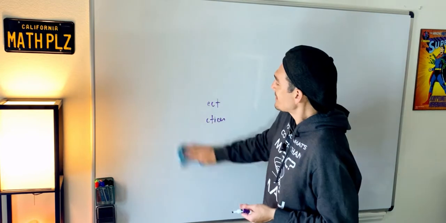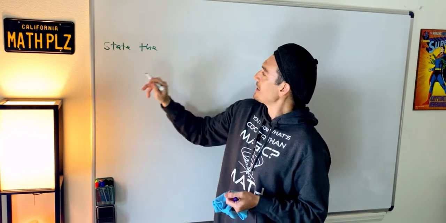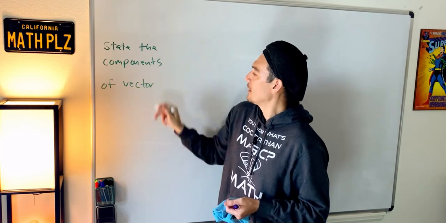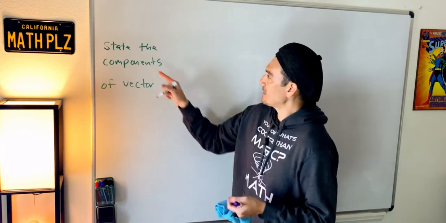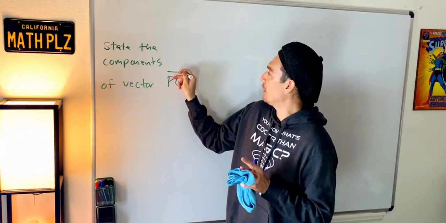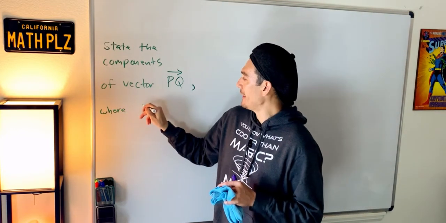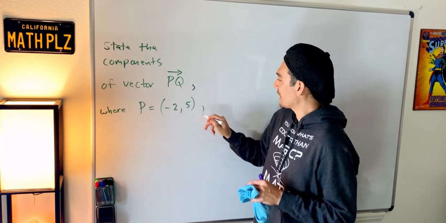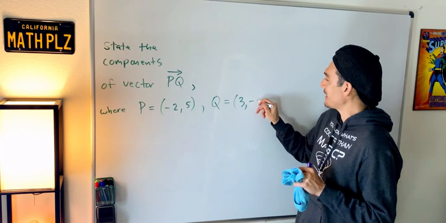Let's say the directions are something like this: state the components of vector, and let's pick a couple of letters randomly, say P and Q. State the components of vector PQ, using a capital P and a capital Q. Draw an arrow going in one direction, and let's put a comma, and then say where P equals (-2, 5), and Q equals (3, -1).